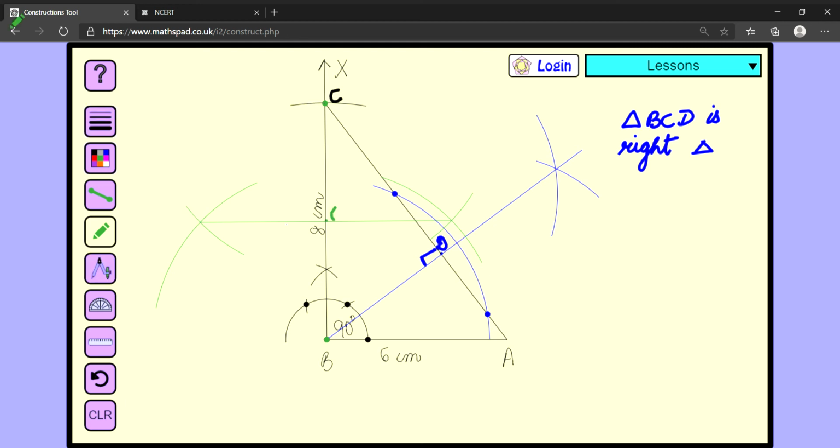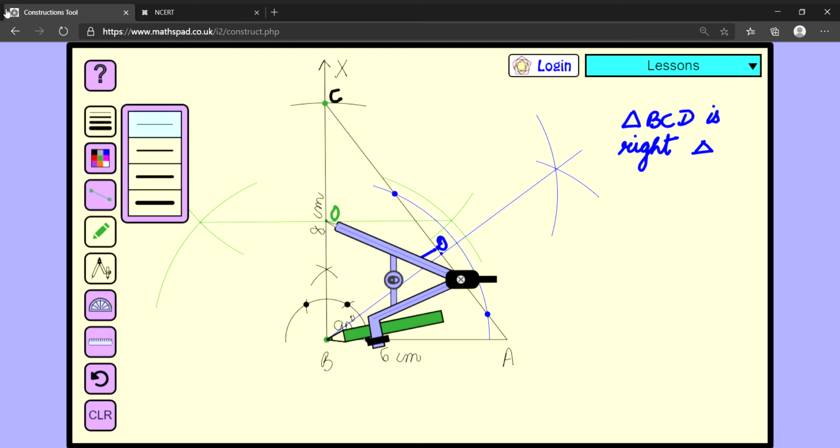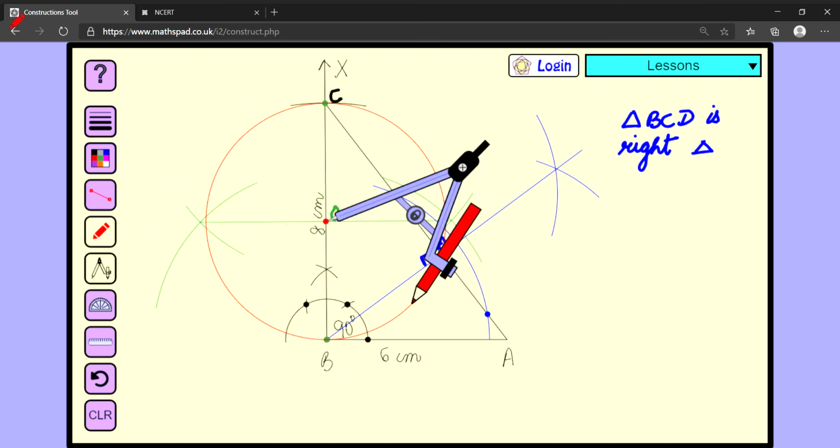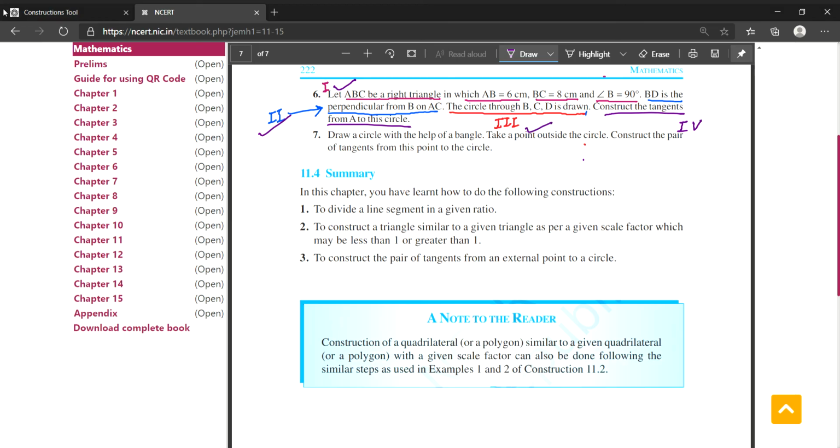This here is the midpoint of the hypotenuse BC. This will be the center of the circle that I want to draw. The radius will be OB or OC, fixing the radius. Let's draw a circle. And as you can see, this circle passes through points B, C and D. This is the third part of the construction, a circle passing through points B, C and D.